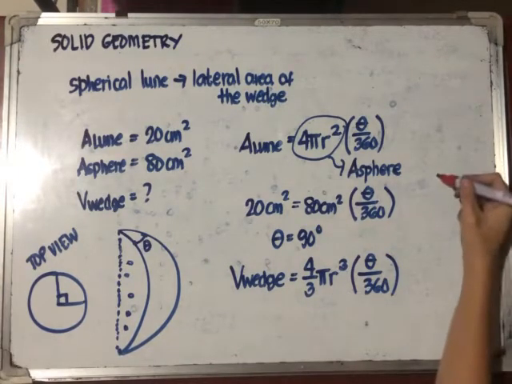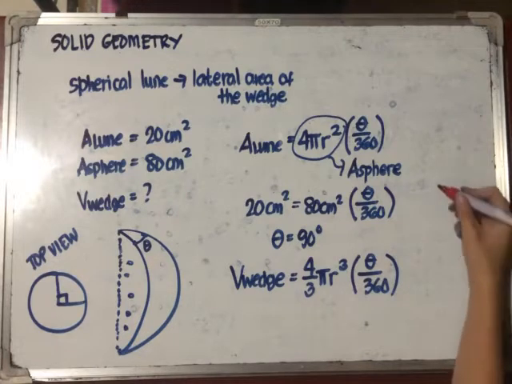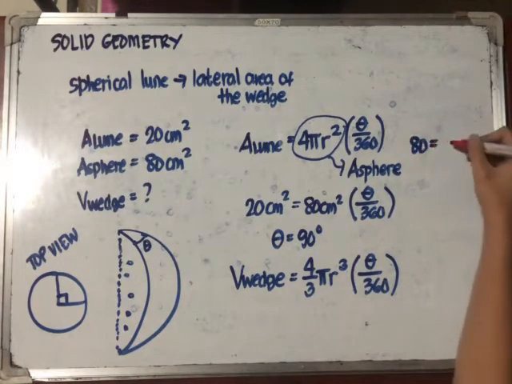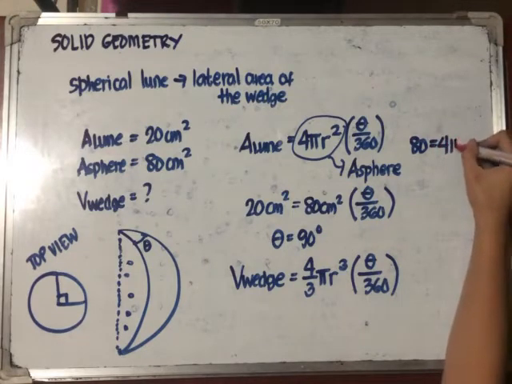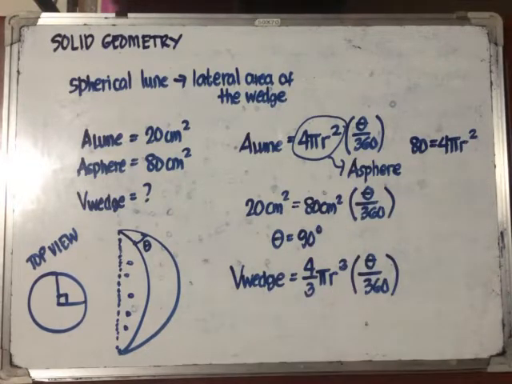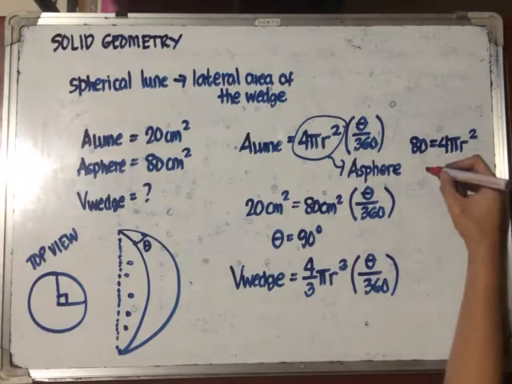So, we compute the value of our radius by getting the area of the sphere, which is 80, equal to 4 pi r squared. Diyan mo kukunin ngayon yung iyong radius. So, that would be 2.52.